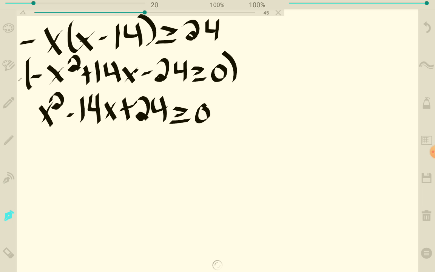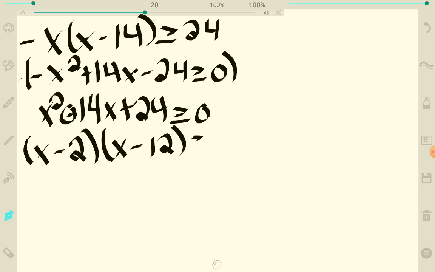Next, we need to factor. For 24, we have 1 and 24, 2 and 12, 6 and 4, and 8 and 3. For this problem, our best bet is going to be 12 and 2. So since there's a negative right here, we know both factors are going to have negatives in them. So that would be x minus 2 and x minus 12, which is greater than or less than 0.